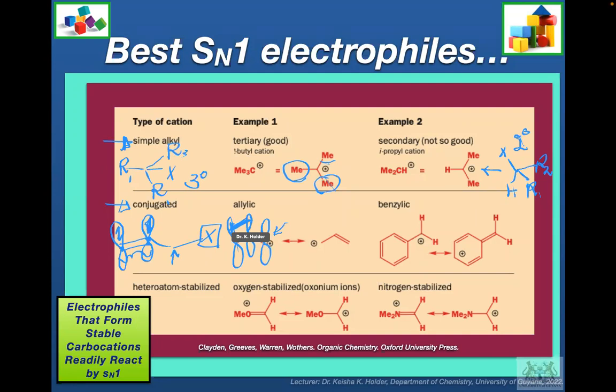It can borrow electrons from the neighboring alkene. And so that is what causes this particular set of electrophiles to be stabilized.